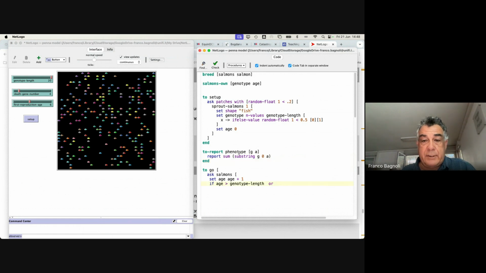So age, or this one, greater or equal to that gene number.